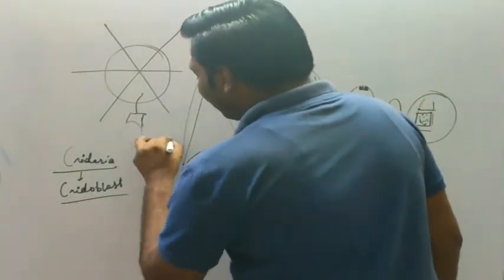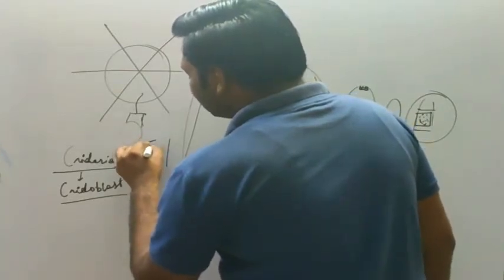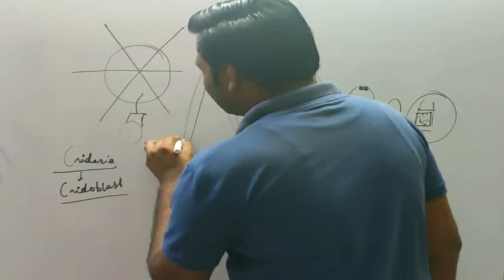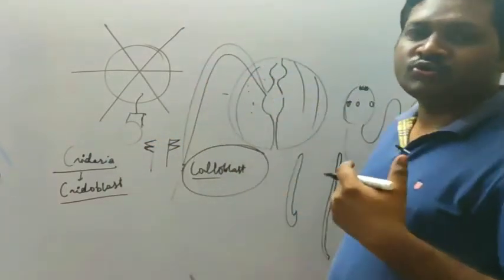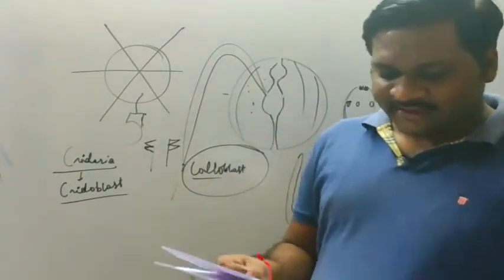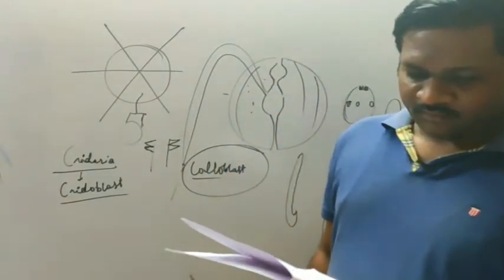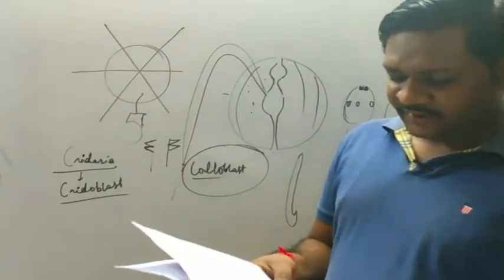Suppose this is the body of Nereis, and at the lateral part they have leaf-like structures. These leaf-like structures are called parapodia. They help in respiration, locomotion and swimming. Yes, these are the characters of Nereis.